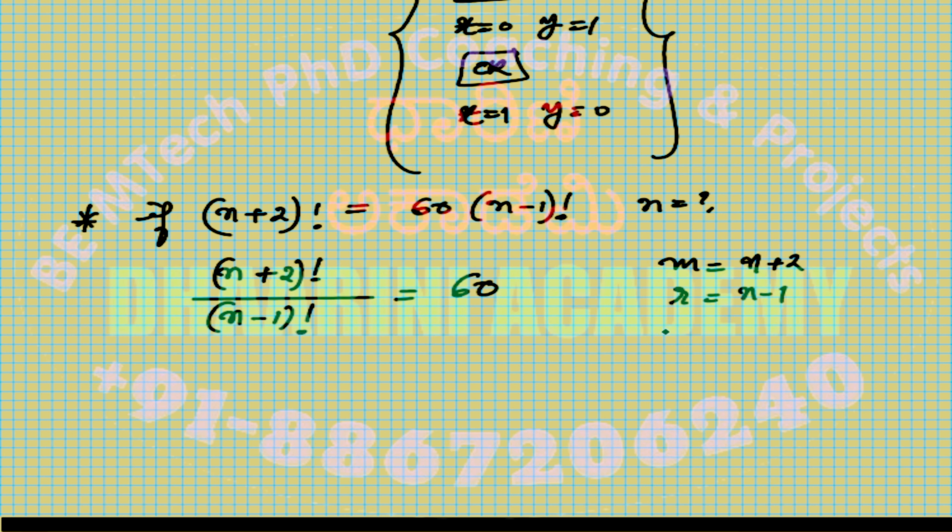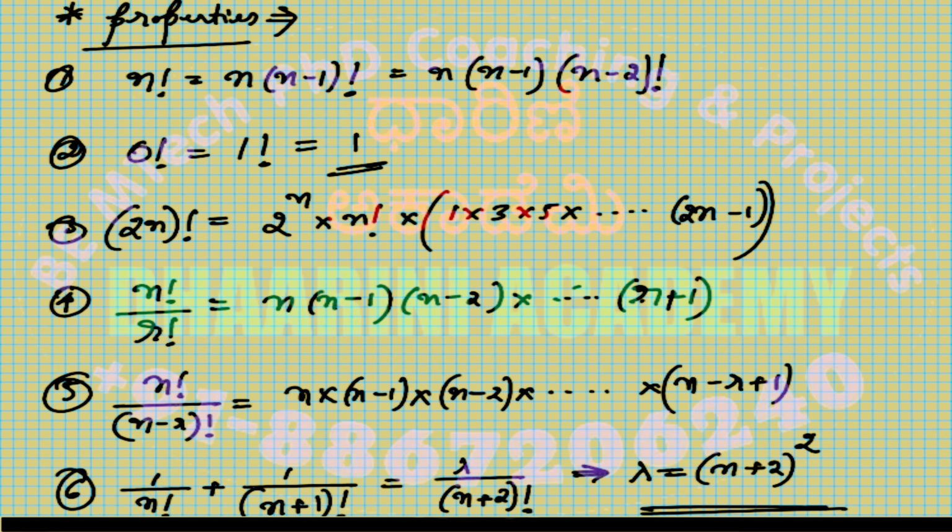So I know that m factorial divided by r factorial, according to the rule, you start from m into m minus 1 into so on. What is the last term? It should be r plus 1. So that's what the rule is saying: simply until r plus 1, whatever is the denominator plus 1.